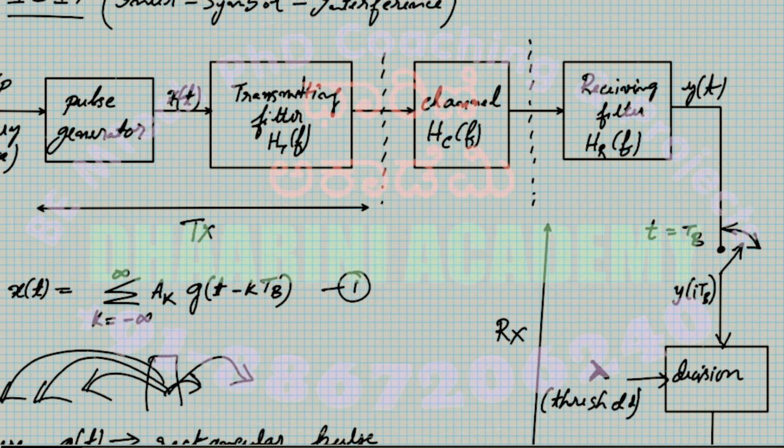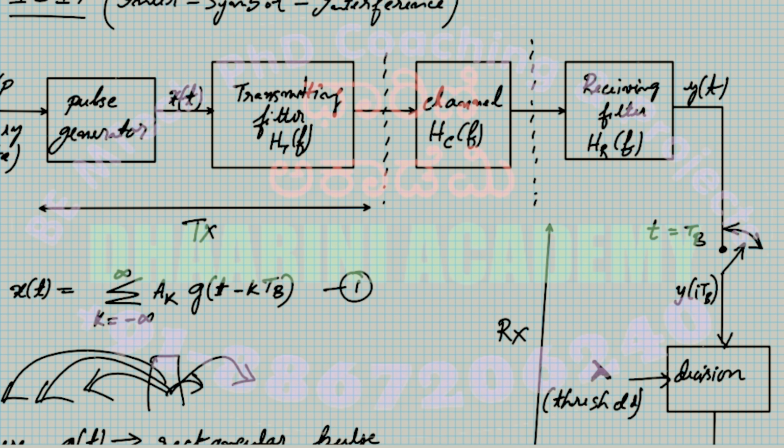The complete transmitter is represented by a filter-like representation; you give an equation for all the operations performed by the transmitter. We call it the transmitting filter, and the notation for that is HT of f. This whole part is written as Tx, indicating that this is a transmitter.